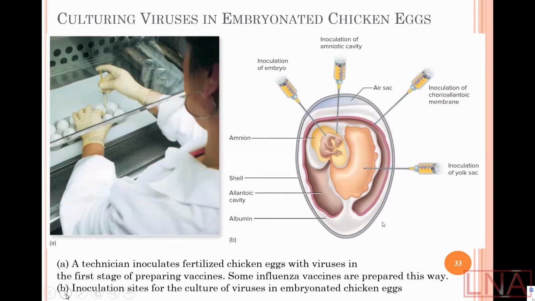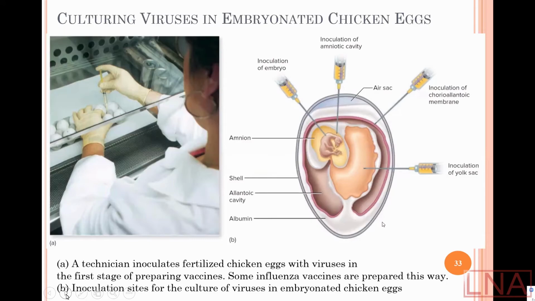This method was one of the most widely used for isolating and growing viruses, and it's still used to grow viruses for some vaccines. For example, influenza viruses are primarily cultivated in eggs.